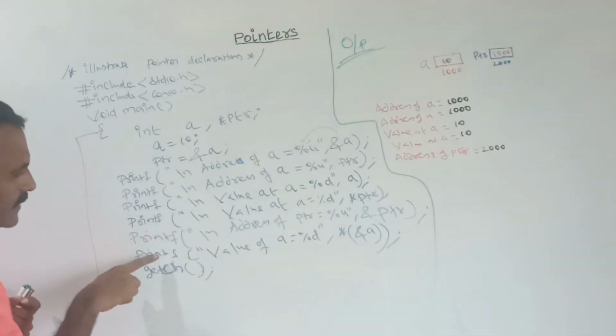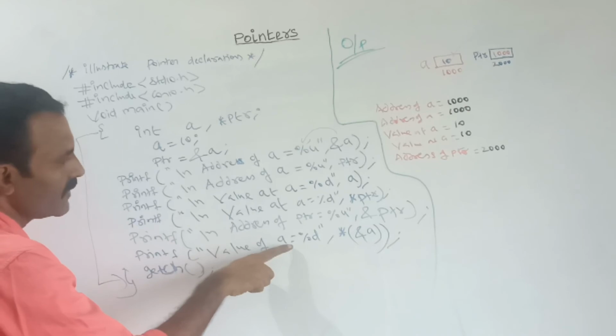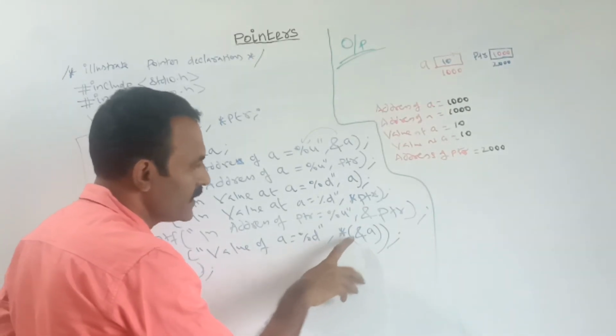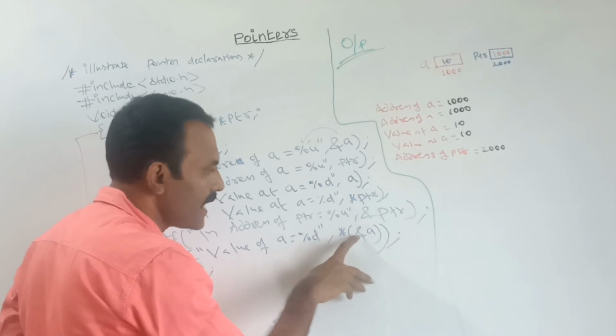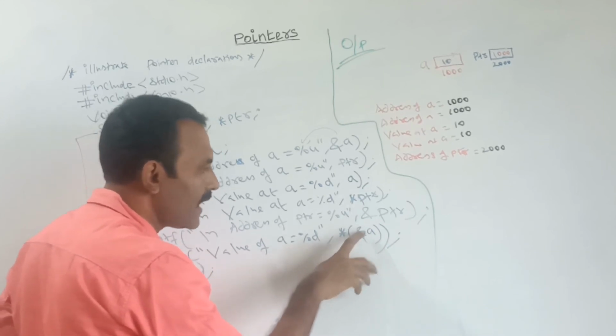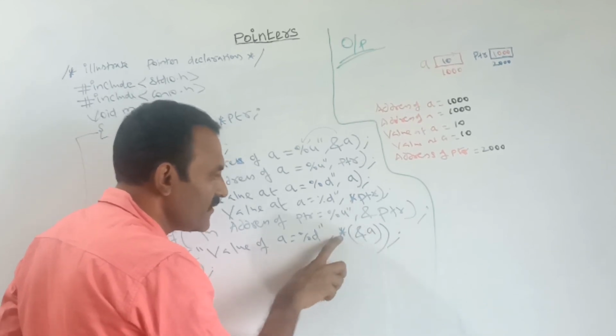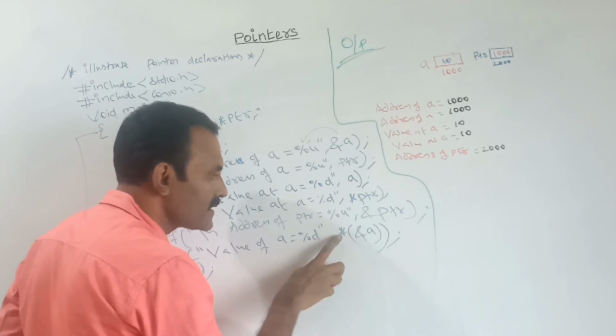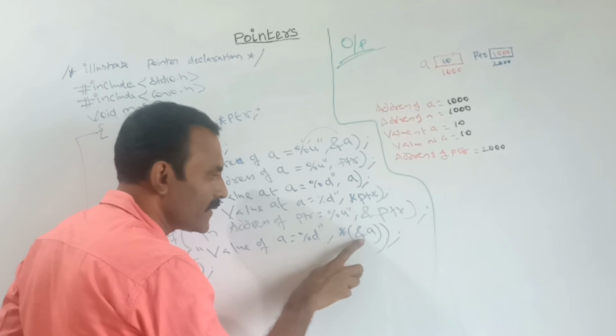Next, print the value of, see here star I am using, that is value at. Next, this ampersand symbol refers to the address of A. So what is this? Here I am using two operators: the first operator star, that is value at, and the second operator, address of.